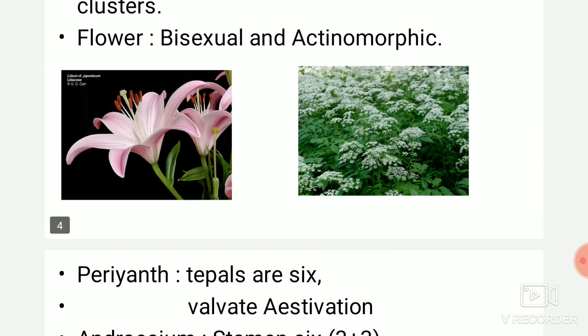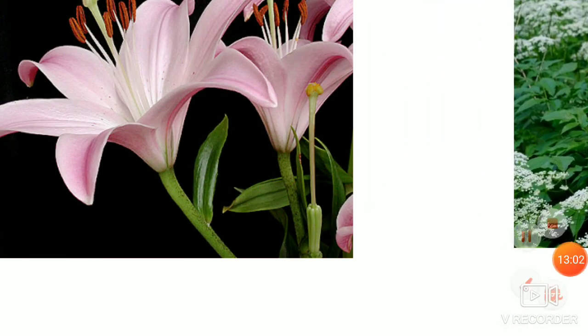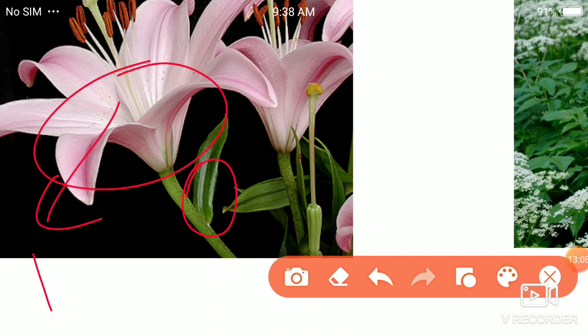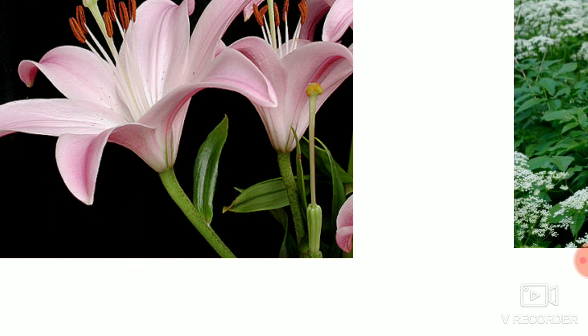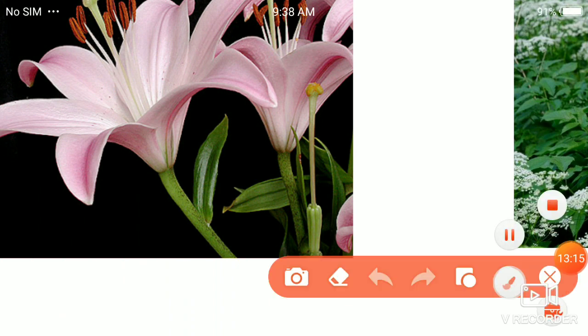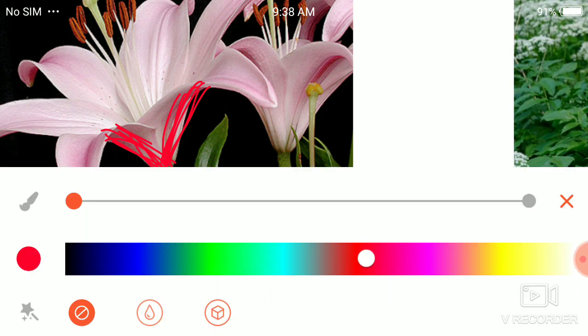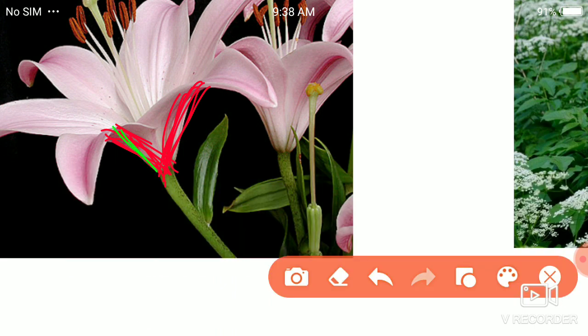So only here also you can see, if you consider this is a petal, this is a leaf. So only this is a petal if you consider. Calyx is absent. That means the calyx which are present has been fused with the petals, or the sepals are fused with the petals. So it has been fused with the petals, so only it is called as tepals.